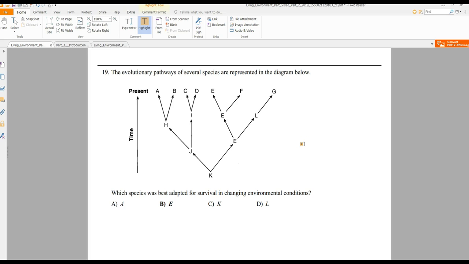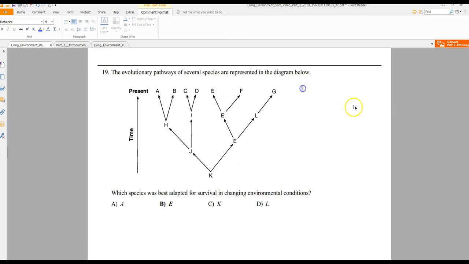So here we have what's called a phylogenetic tree. This helps with relationships between species.